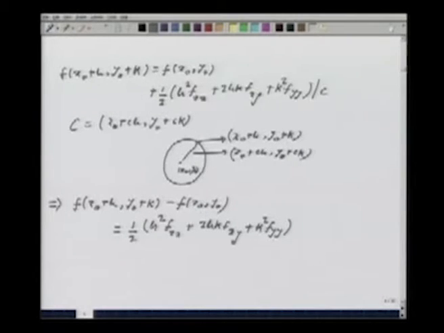Okay. Now what I do is I multiply both sides of this equality with fxx.